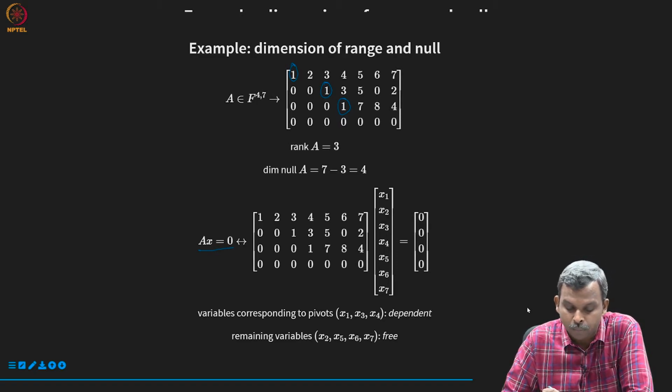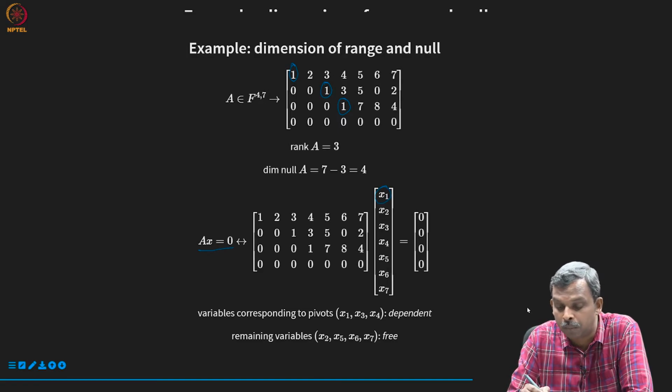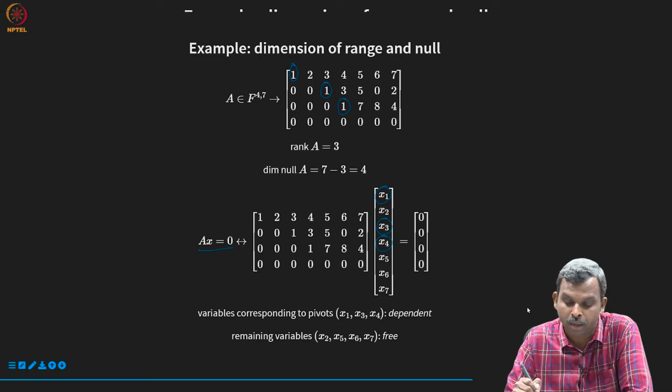What you do is, you first identify the variables corresponding to the non-zero pivot positions. What are the non-zero pivot columns? In the first, third and fourth columns you found non-zero pivots. So the first variable, which multiplies the first column, the third variable, which multiplies the third column, and the fourth variable, which multiplies the fourth column, become your dependent variables. All the other variables, x2, x5, x6, x7, become free variables.